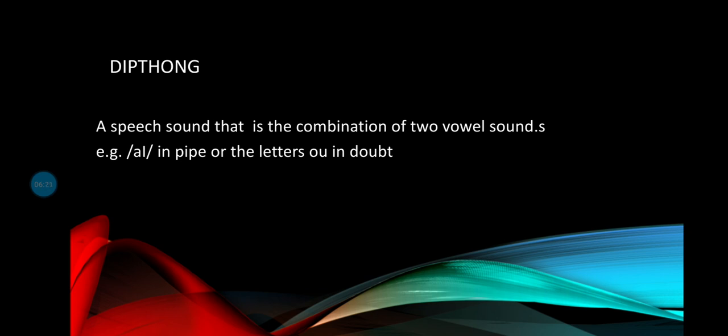Di means two, so a diphthong is a speech sound that is the combination of two vowel sounds, like a, I in pipe, or the letters o, u in doubt. If you pronounce it and concentrate on the tongue, you will come to know how the tongue moves across the two sounds. Where there are two sounds, that is diphthong.